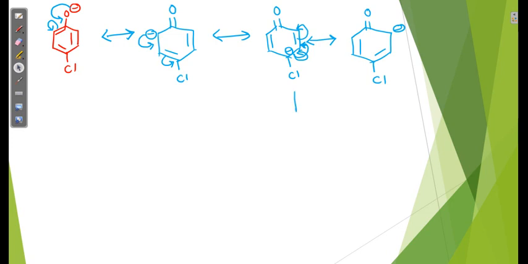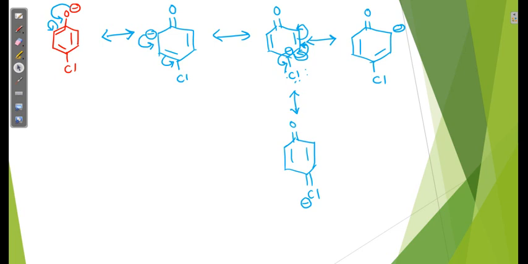From this side I can move. Now these are the possible resonating structures.